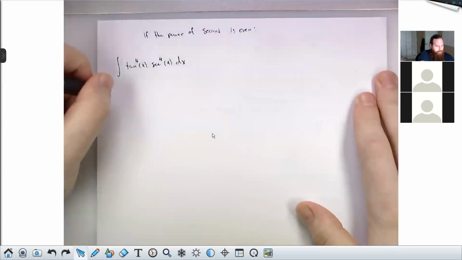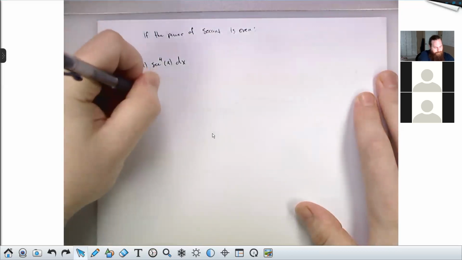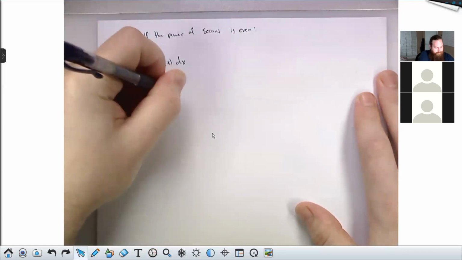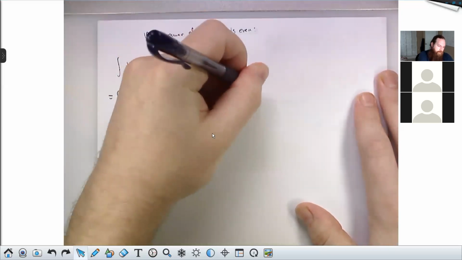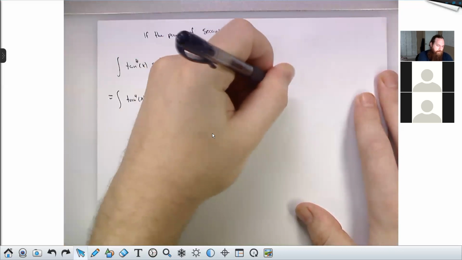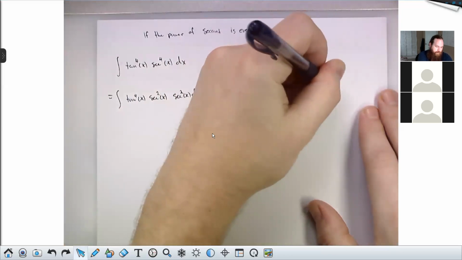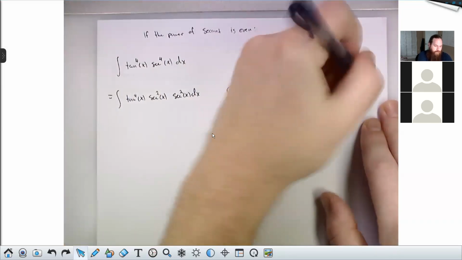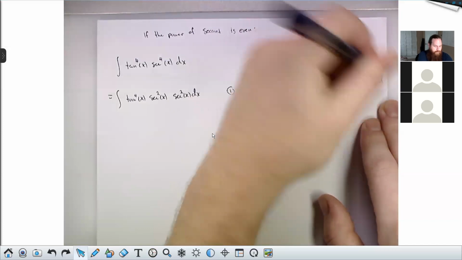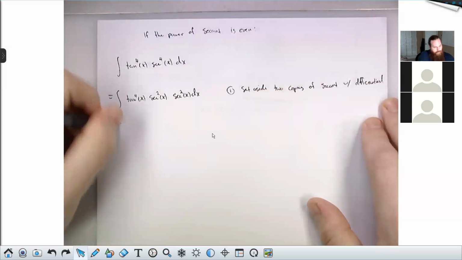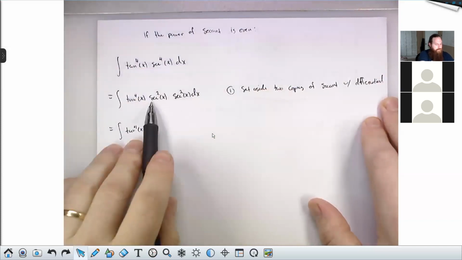Then our first step: set aside 2 copies of secant with the differential, and then we're going to rewrite the remaining secants as tangents.